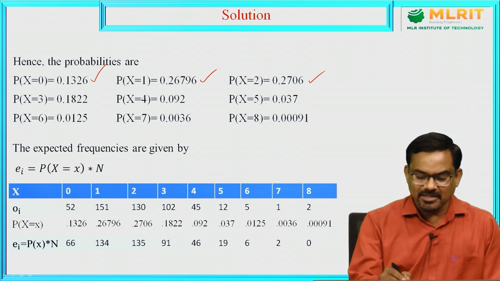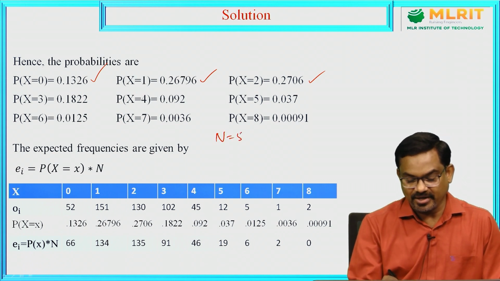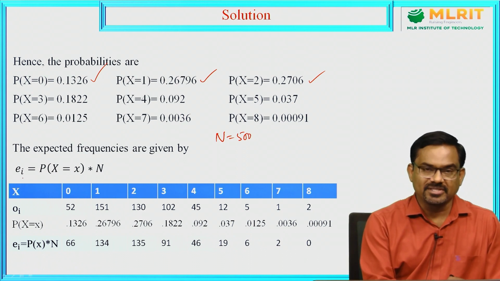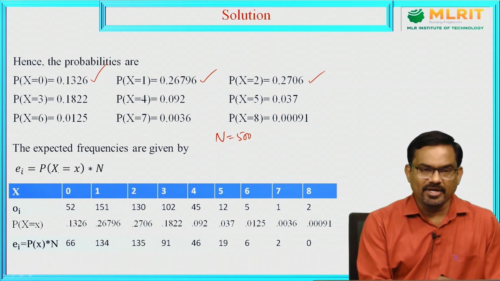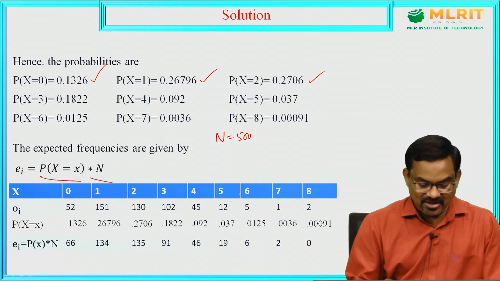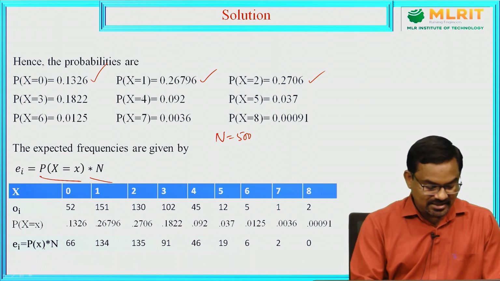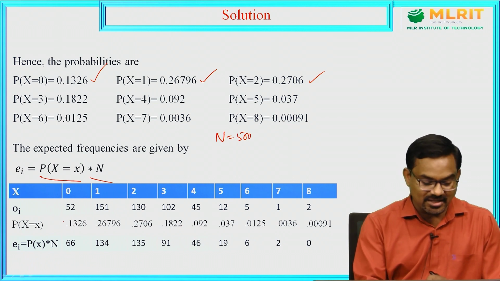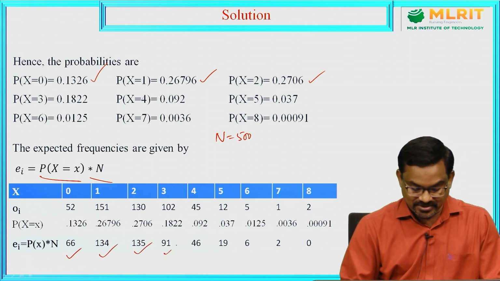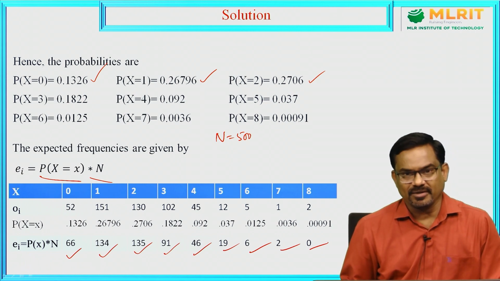Now let us multiply these probabilities with the total frequency n equal to 500, which gives the expected frequency. So the expected frequencies Ei are given by probability of x successes multiplied by n. Here are the x values, observed frequencies, probabilities, and the expected frequencies. We obtained the expected frequencies as 66, 134 and so on.